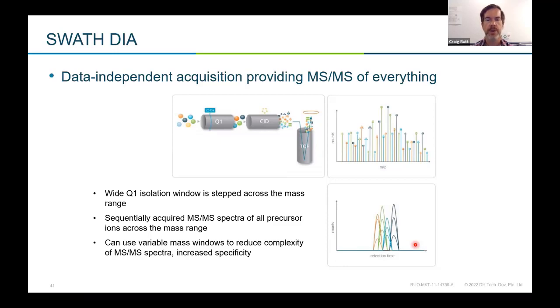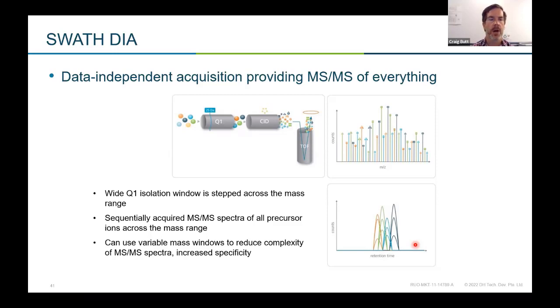Essentially it's taking all of the precursors in small windows and fragmenting them with collision-induced dissociation, getting that fragmentation pattern, and then performing some library database searching to confirm its identity.